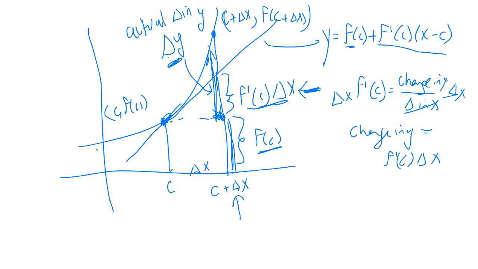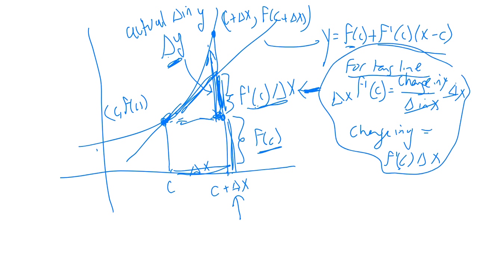I'm doing this for the tangent line, not for the curve, but for the tangent line. You see the tangent line goes from here to here when I go from here to here. So this distance is going to be the y over the x, and that would be the slope of the line. And so this change in y is actually equal to this. This is like a little side note for why that's equal to this. Or you could just take it as given.